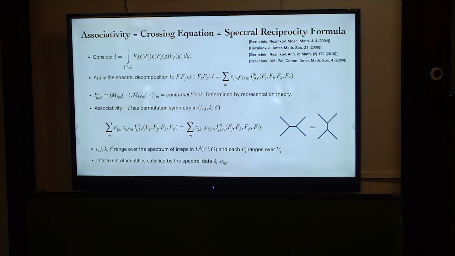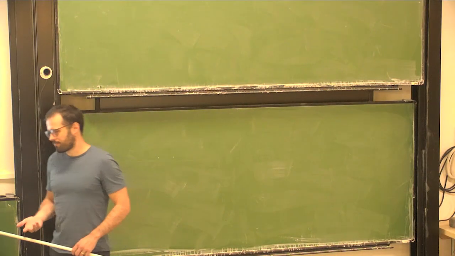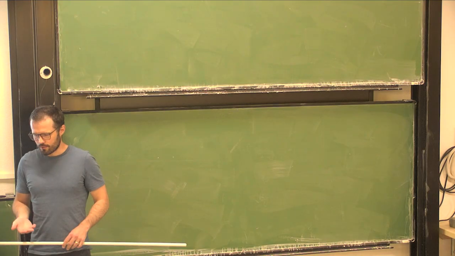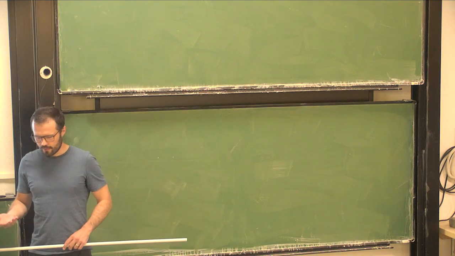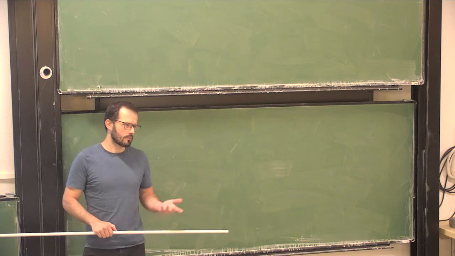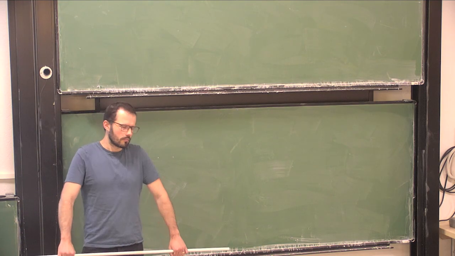There is no canonical way to do that. If you redefine your intertwiners, you're going to redefine the C_ijk. These are not canonically defined.